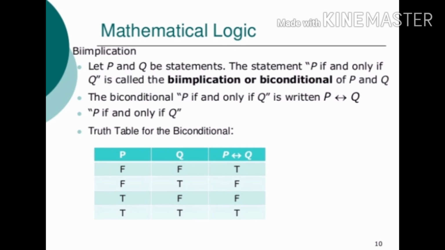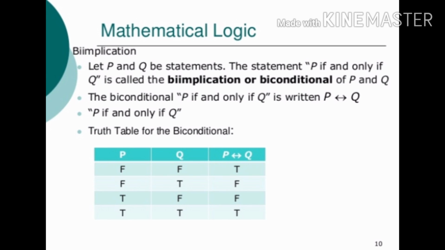Our last connective is called biconditional or double implication. To remember this truth table, you must remember only one thing. If both statements P and Q are the same, like both are true, then P double implication Q becomes true. If both are false, then P double implication Q becomes true.